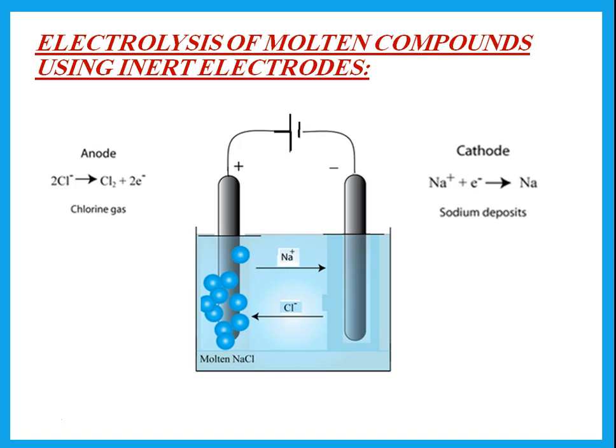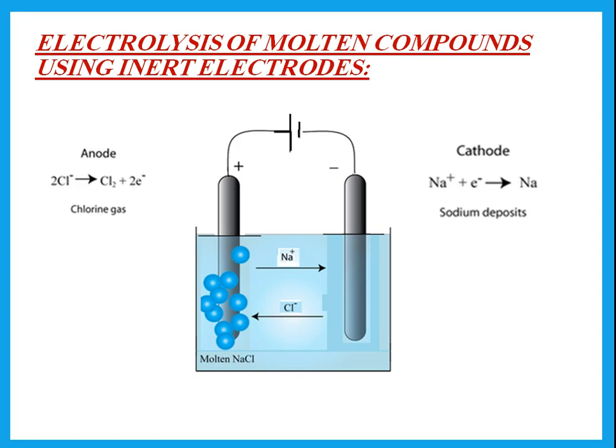So if he says what is observed at the cathode, what I see at the cathode is a gray metal. Remember that any metal other than copper and gold, all other metals are silvery in color. So a silvery gray metal is formed.